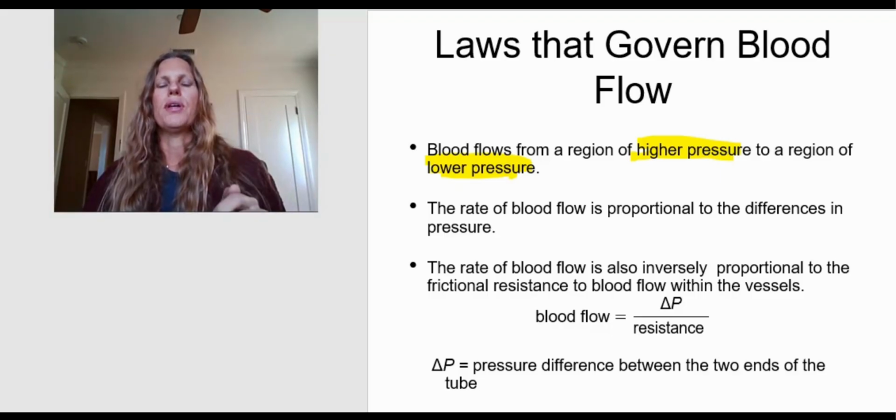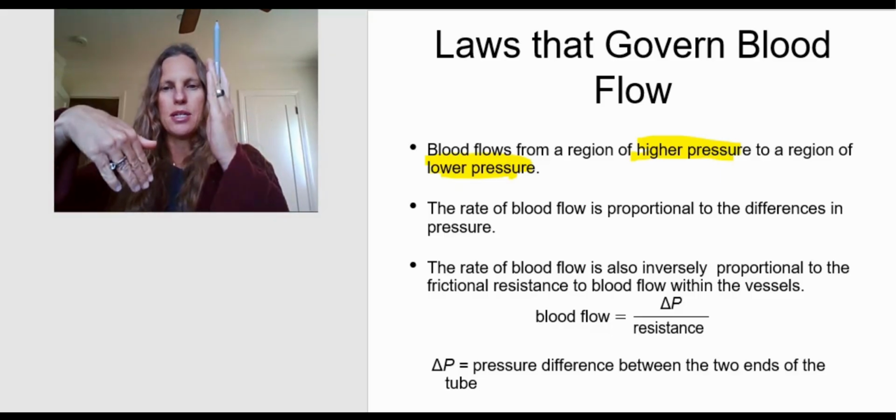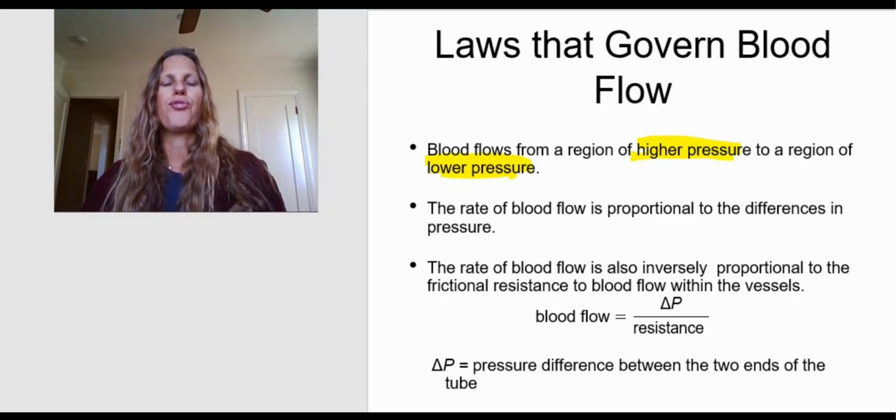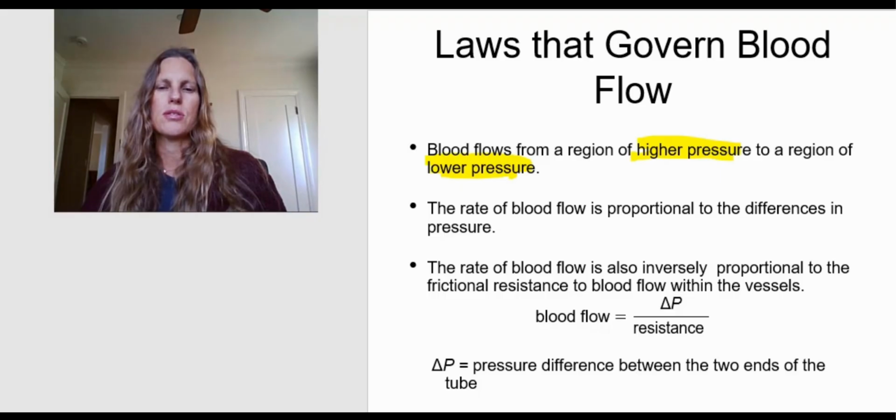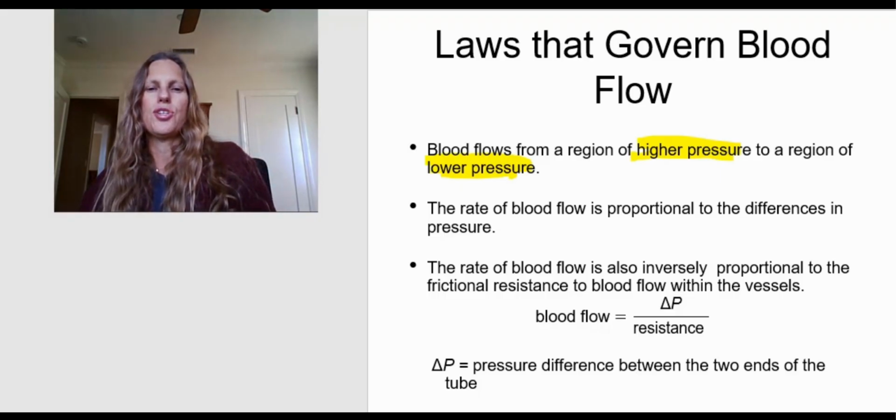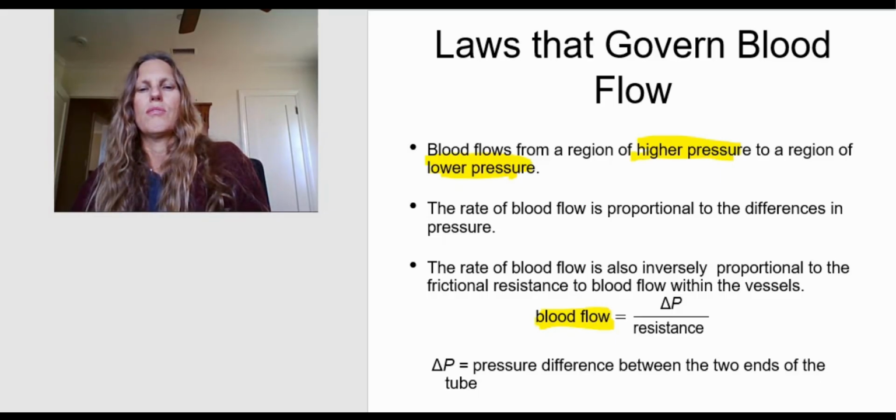The rate of blood flow is then inversely proportional, opposite directions, to the frictional resistance to blood flow within the vessels. So that can be illustrated here. So we have blood flow is inversely related to resistance. So this is the change in pressure.